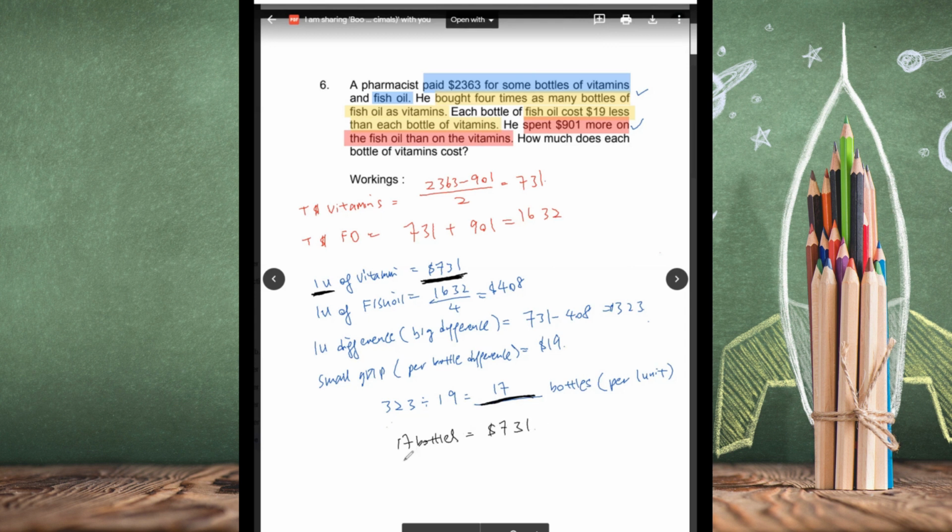If they want to find 1 bottle of the vitamin, it will be 731 divided by 17. So the price of each bottle will be $43.